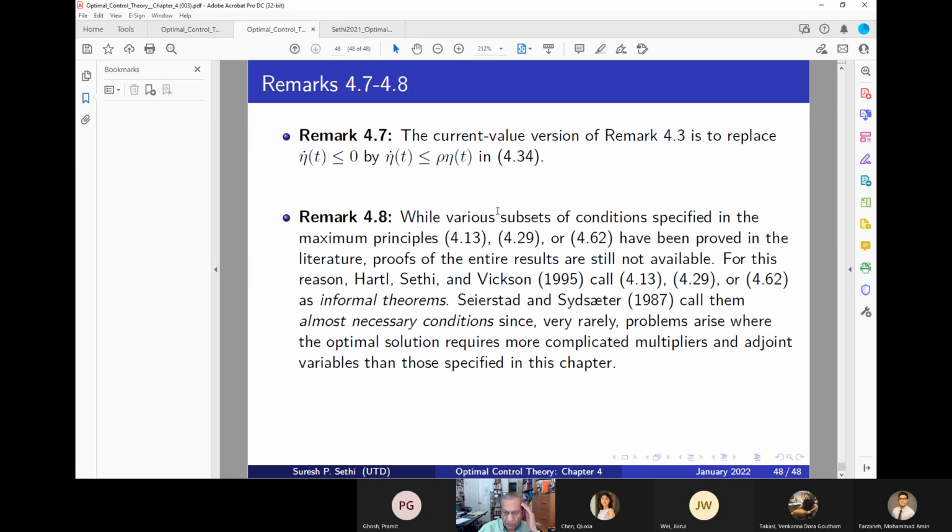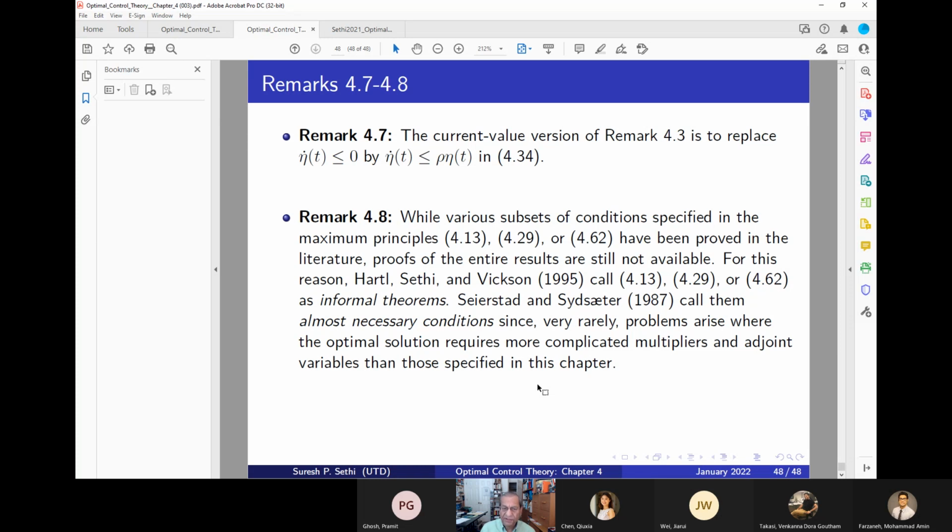Okay, we're going to go to chapter 5. So the good thing is that the theory part of the optimal control is more or less finished. We will have a little bit more theory when we go to discrete time in chapter 8. But accepting that, the rest of the book is all applications.